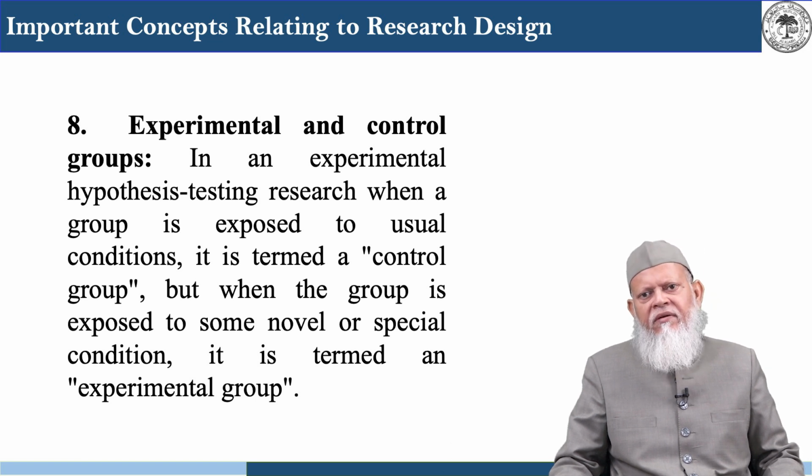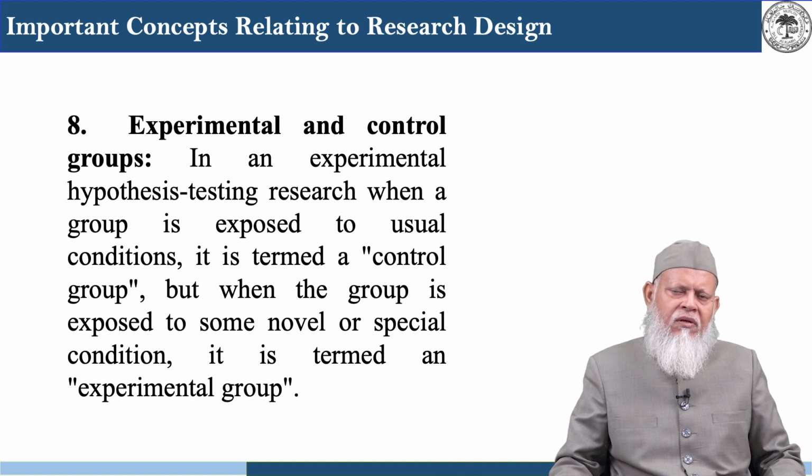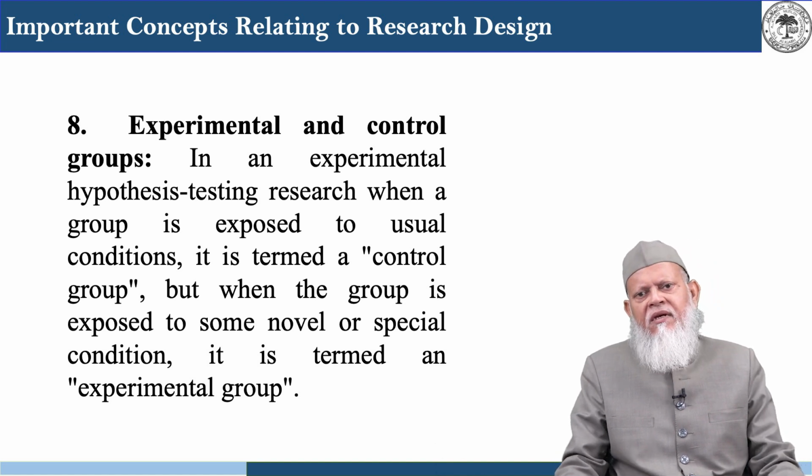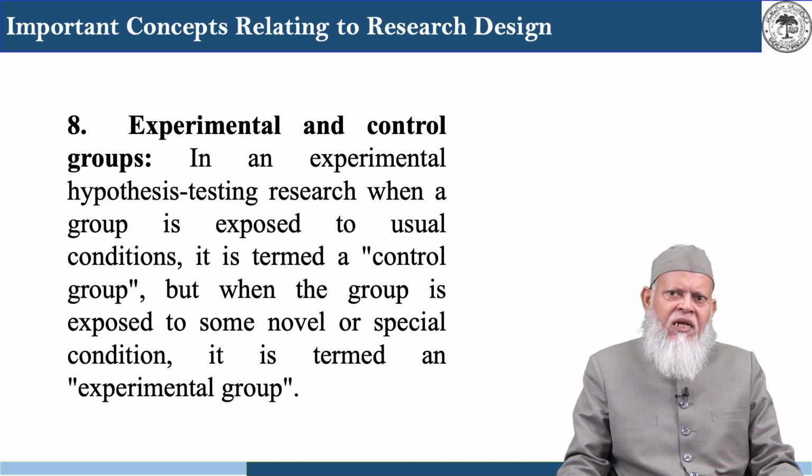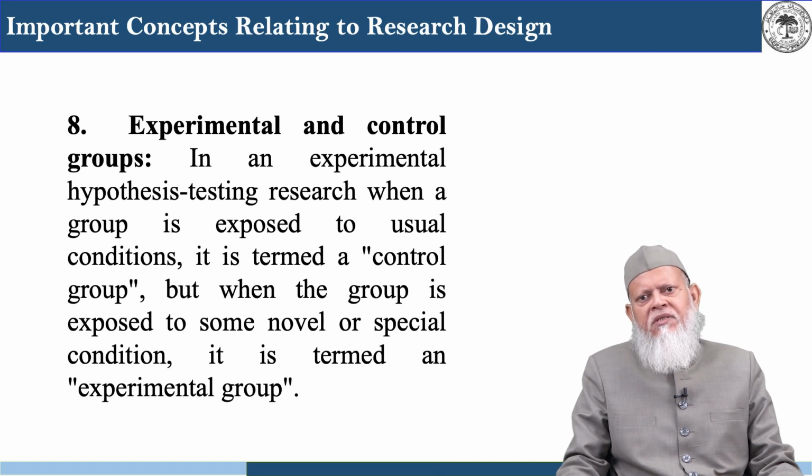So, the group which remains normal, under control, is called the control group, whereas the group in which, along with the normal, there is a special treatment to study the impact of this independent variable, is called the experimental group.